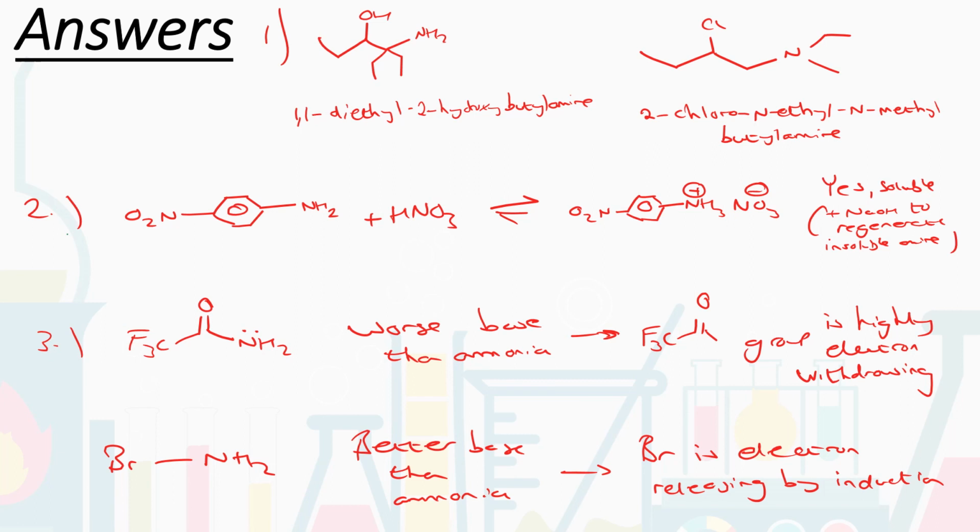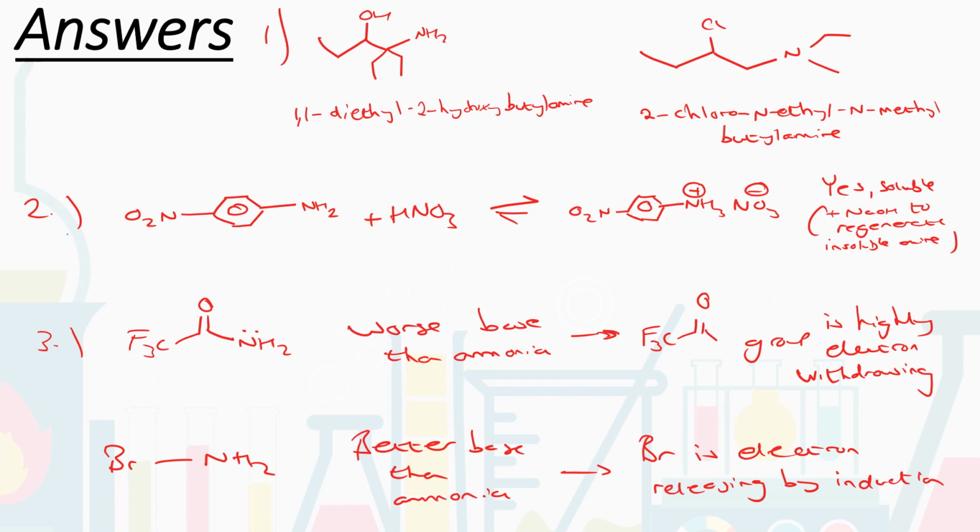And then finally, the 2 examples here was to ask whether they were better or worse bases than ammonia would be. So the first example here, you can see you have this very, very electron withdrawing group. Not only do we have a carbonyl group, which is electron withdrawing, you can imagine you've got that delta positive carbon right next door to it, but we also have this CF3 group, and obviously fluorine is the most electronegative element.